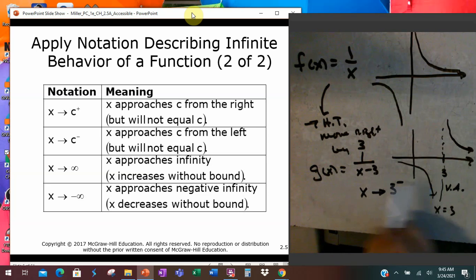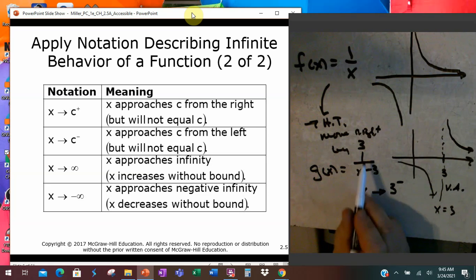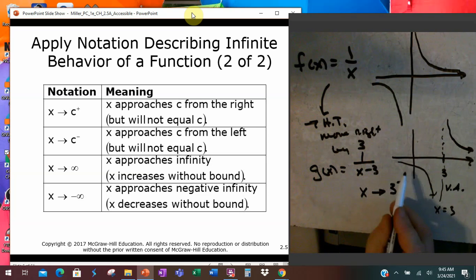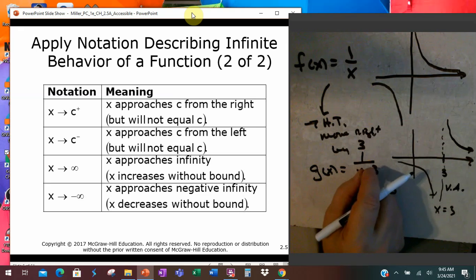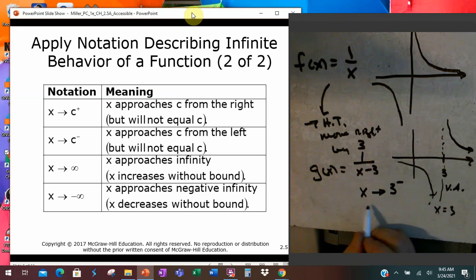As x gets closer to 3 from the negative side, say 2.5, this would be a negative number. The closer we get to 3, it's still a negative number, but it gets smaller and smaller and blows up.